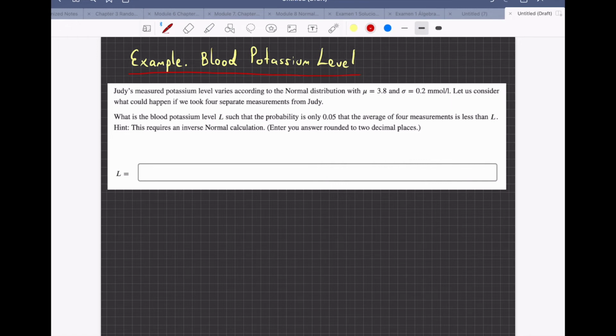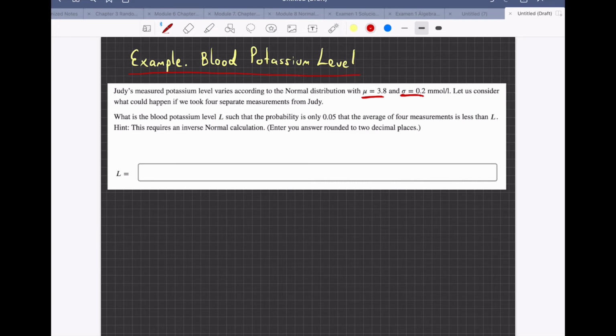Example, blood potassium level. Judith's measured potassium level varies according to the normal distribution, with mean equal to 3.8 and sigma equal to 0.2. Let's consider what could happen if we took 4 separate measurements from Judith.